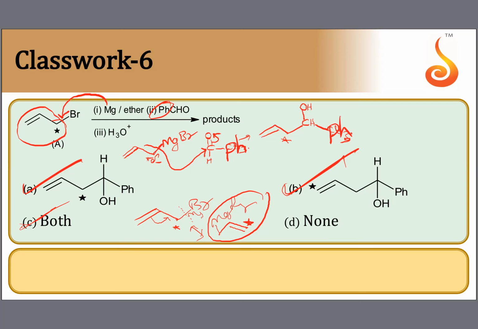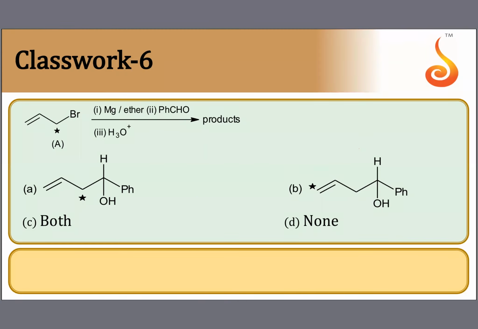So here the concept is the two resonance structures of allyl bromide. New point you got here: allyl bromide can exist as two resonance structures. That you have to remember.